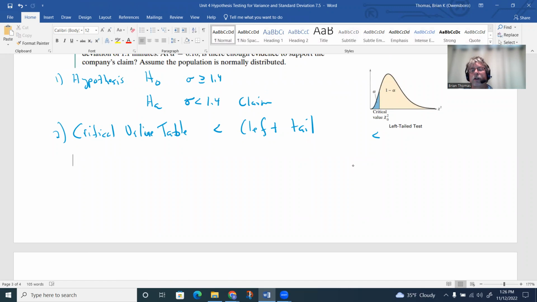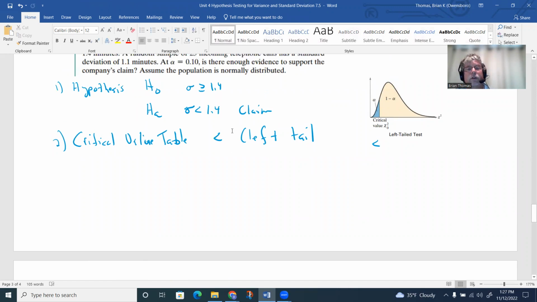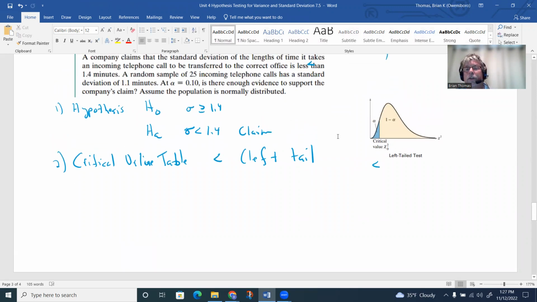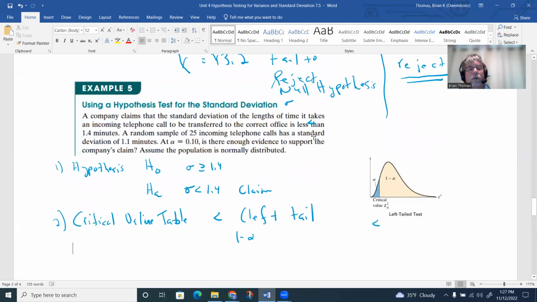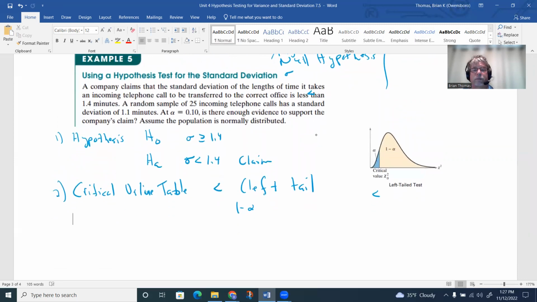So we're looking for chi-squared 0, which is denoted as our critical value. That's where our table comes from. So again, for the left tail, you have to actually do 1 minus alpha. Since we had a 0.10, we're going to have 1 minus 0.10, which is 0.90.